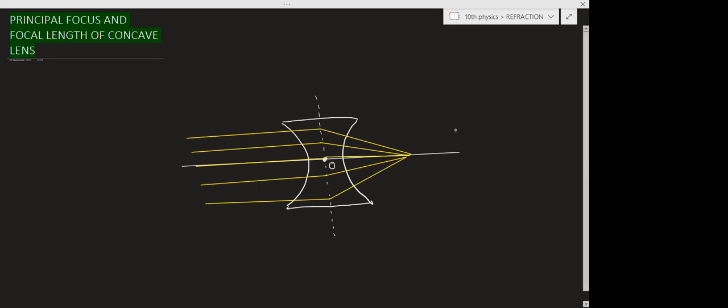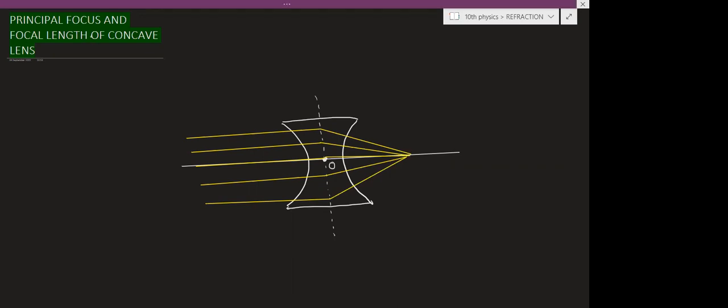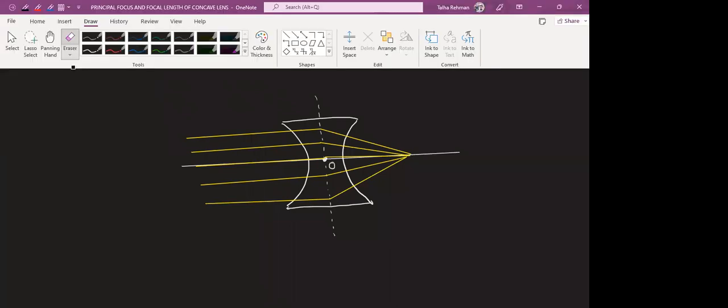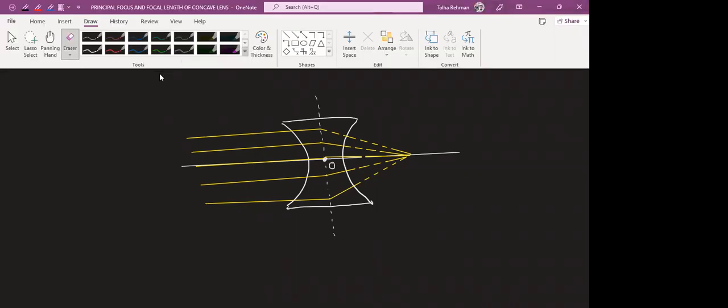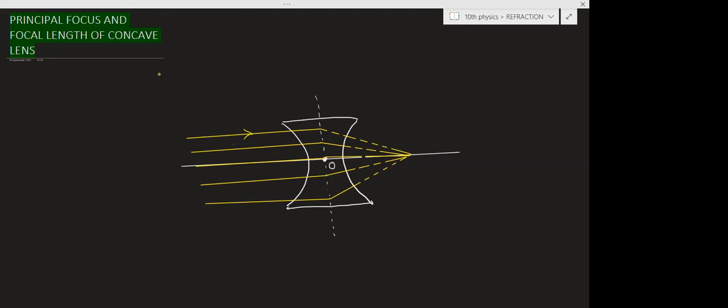So now you can see here. What will happen? Rays are coming parallel to this concave lens.